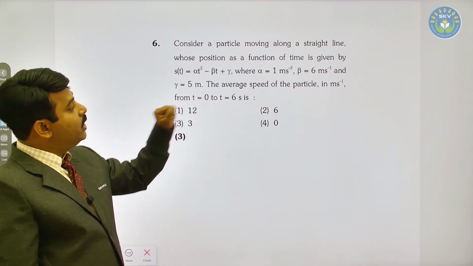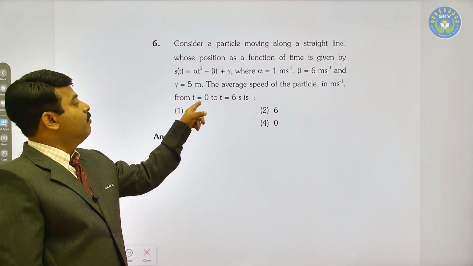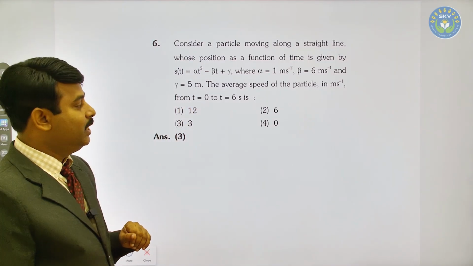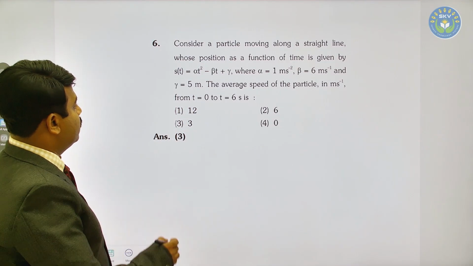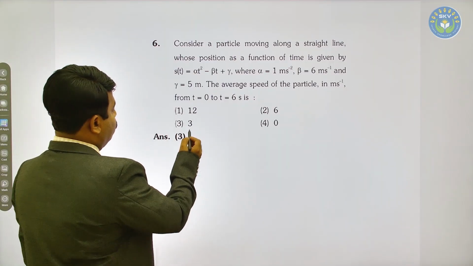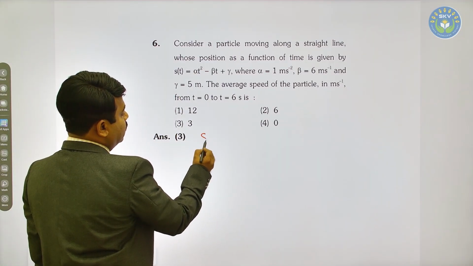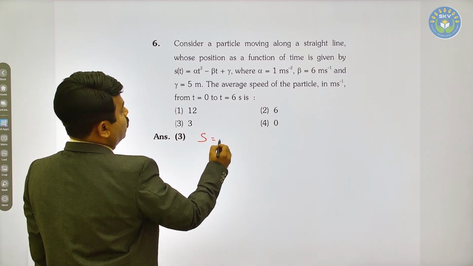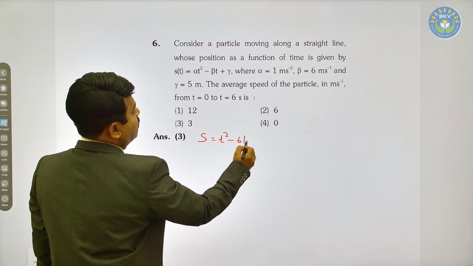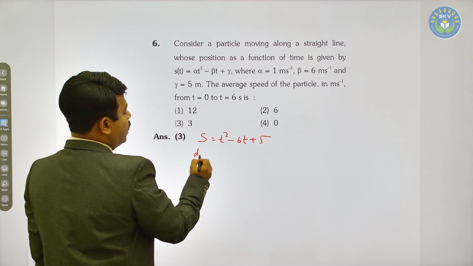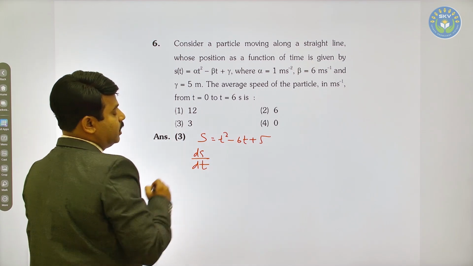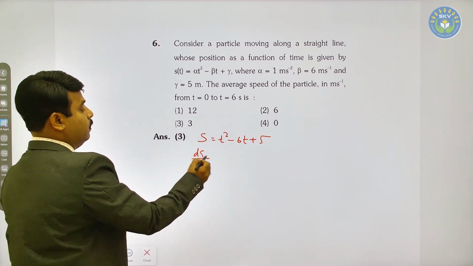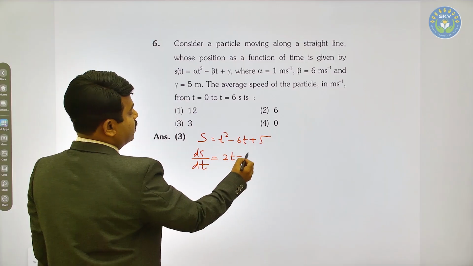Find the average speed of the particle from t is equal to 0 to t is equal to 6. First of all, we can write S by substituting the alpha, beta, gamma values: t square minus 6t plus 5. Then the instantaneous velocity is 2t minus 6.